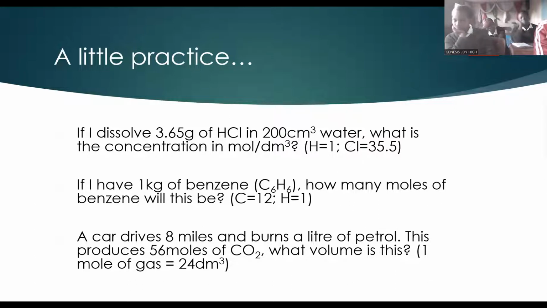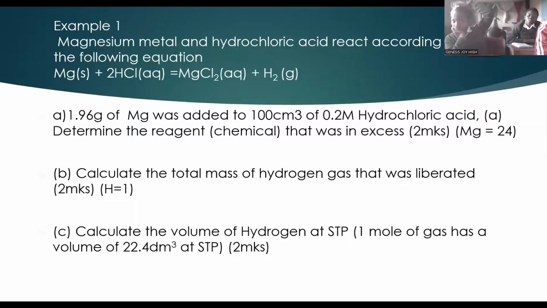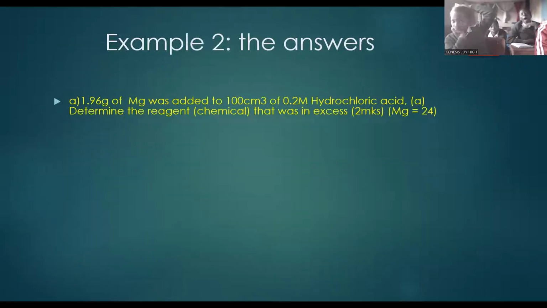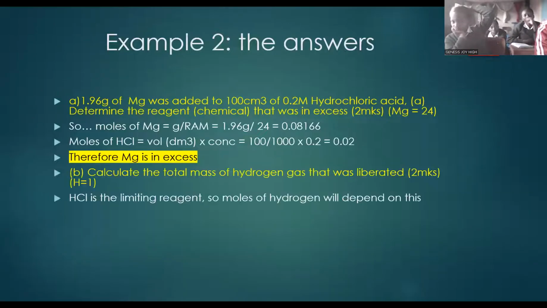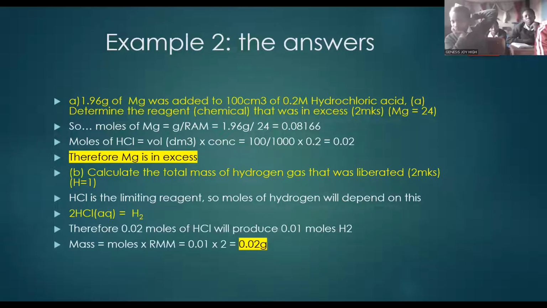If I dissolve 3.65 grams of HCl in 200 cubic centimeters of water, what is the concentration and so on? If I have 1 kilogram of benzene, how many moles, etc. Okay, the answers are all at the end. The whole thing has answers all the way through it and the way that you calculate it.